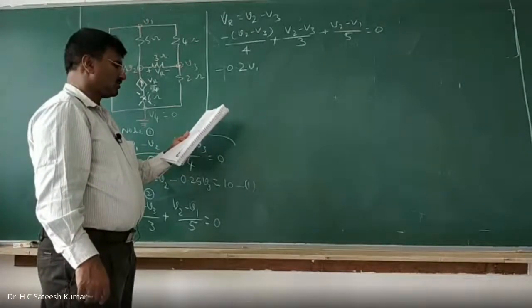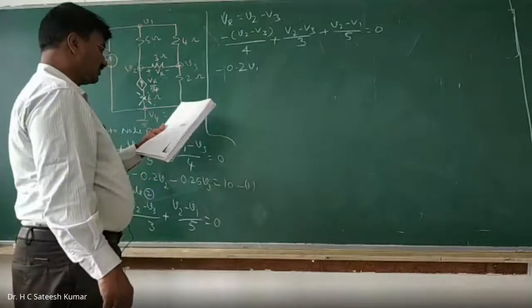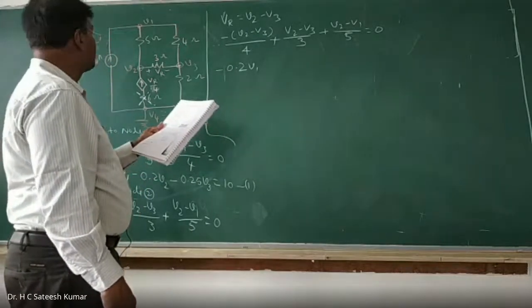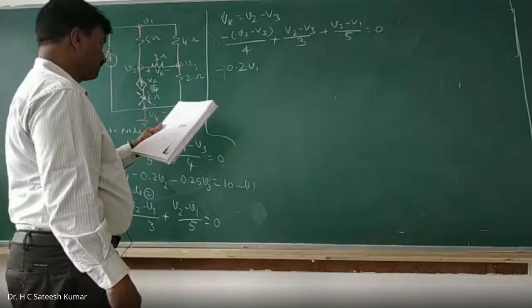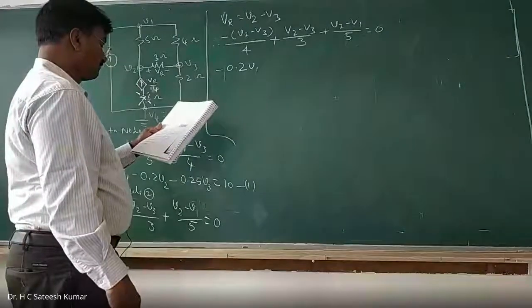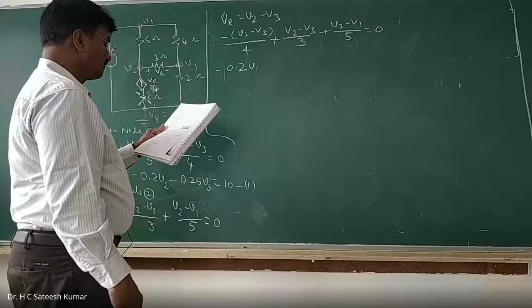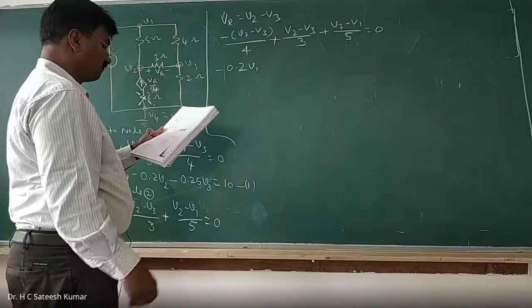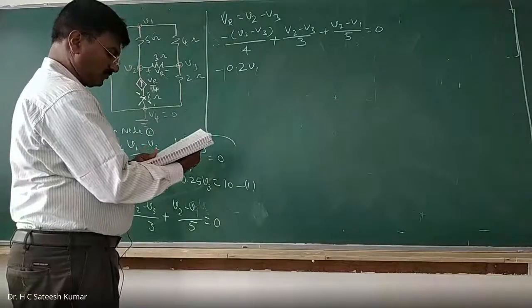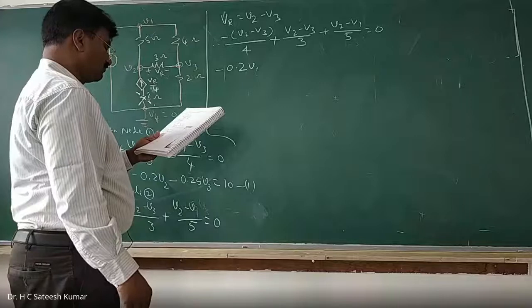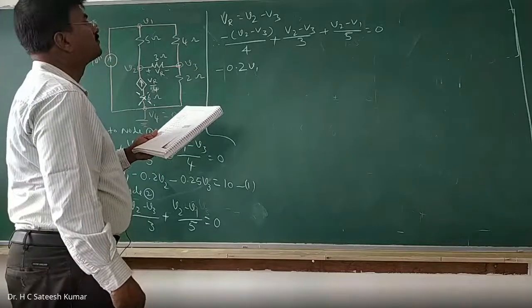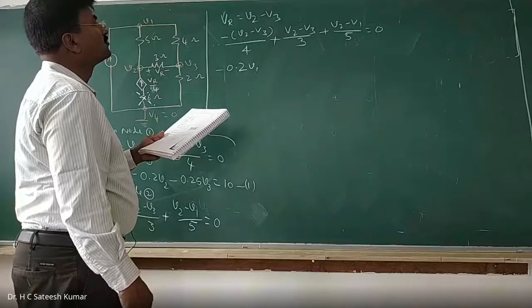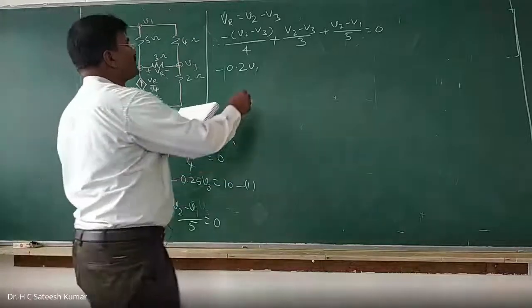Okay, right. KCL to node 2, right. So 3 coefficients are there here.